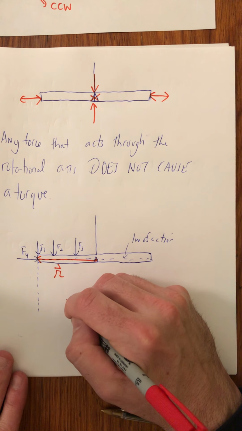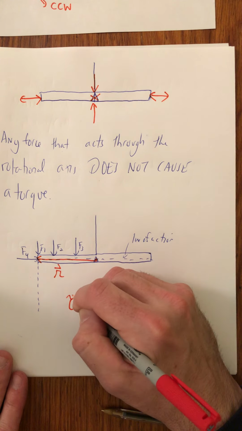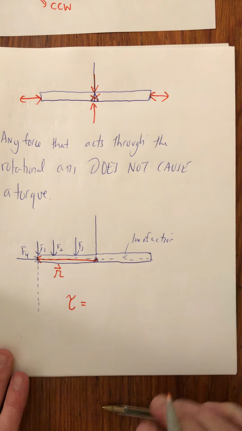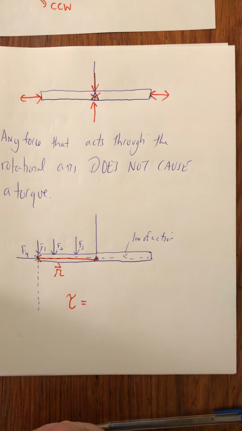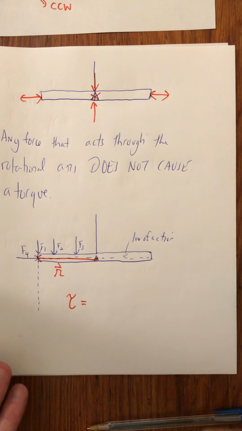Hopefully you'll remember that that means torque is a cross product. Because remember, a cross product always yields a vector when you multiply two vectors together. Also, a cross product is maximized in magnitude when the two vectors are perpendicular to each other, and it's zero when they're along the same line, collinear.